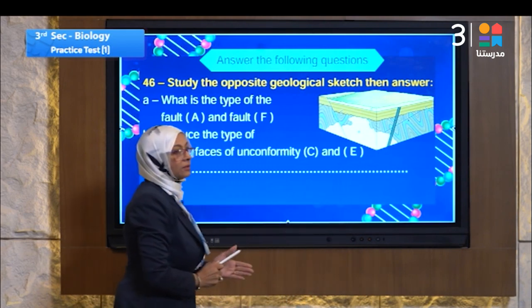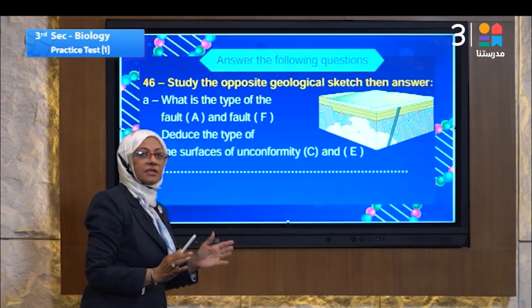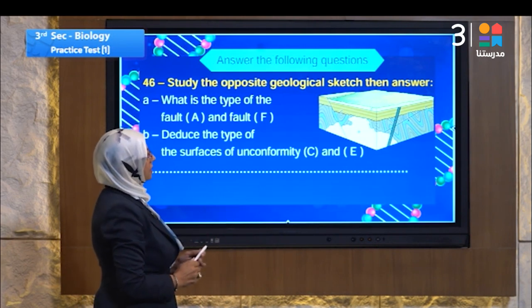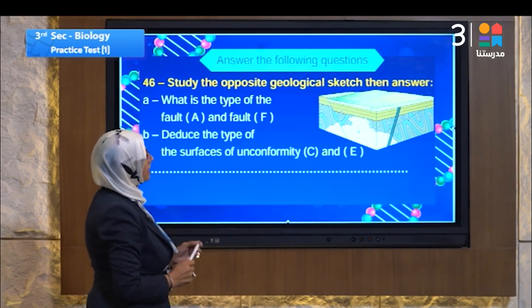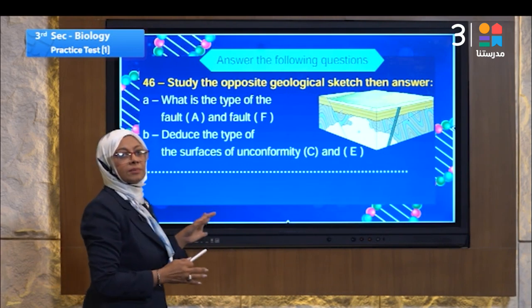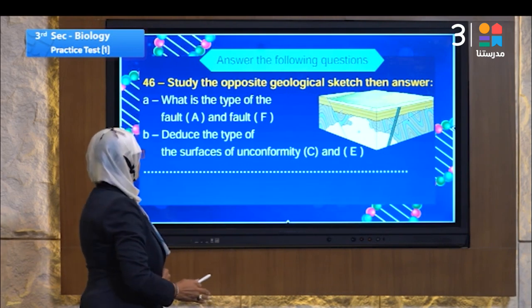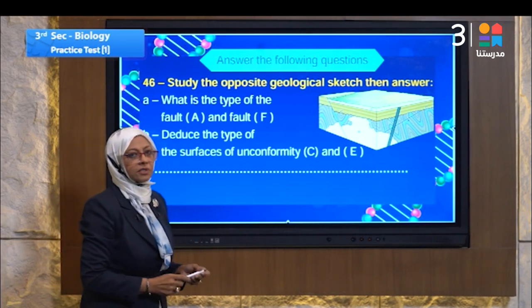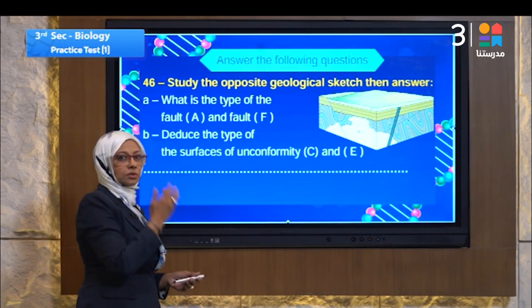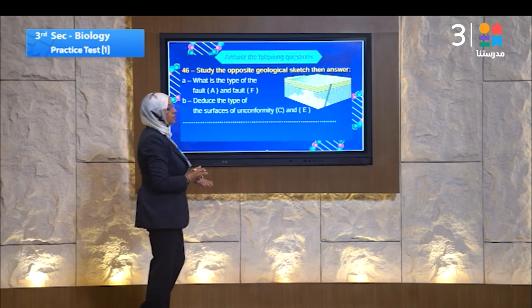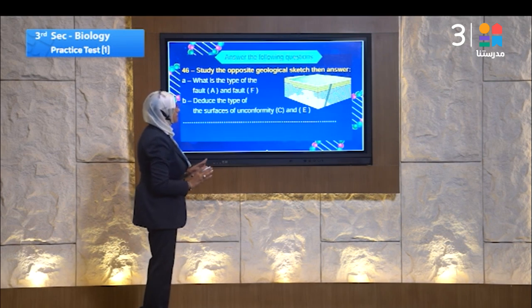Let's speak about this figure. This figure discusses many structures in this layer. The structure consists of 2 main parts. One of them is the fault. What is the meaning of fault? A fault is breaking of the rocks. Breaking of the rocks and moving? No. Breaking of the rocks and still.